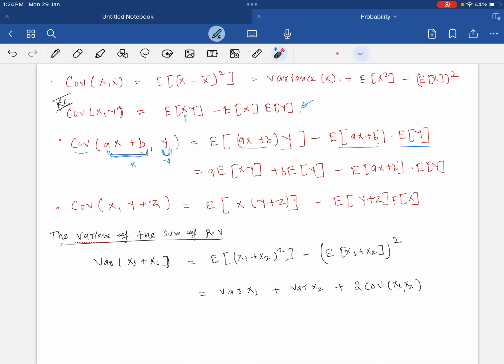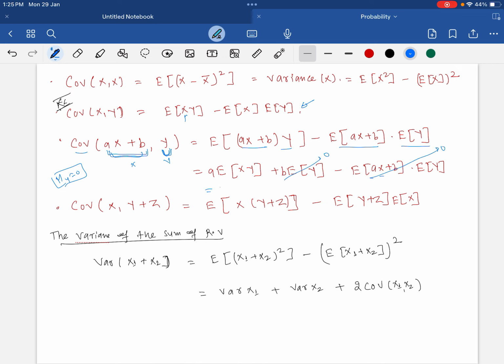And if it is given in the question that the mean of this y is 0, then this whole term is going to be 0, right? So basically this whole term will be 0, and this will be 0. So ultimately, if let's suppose you are given that the mean of x and y is 0, then this whole term is going to be 0, and this will be 0.